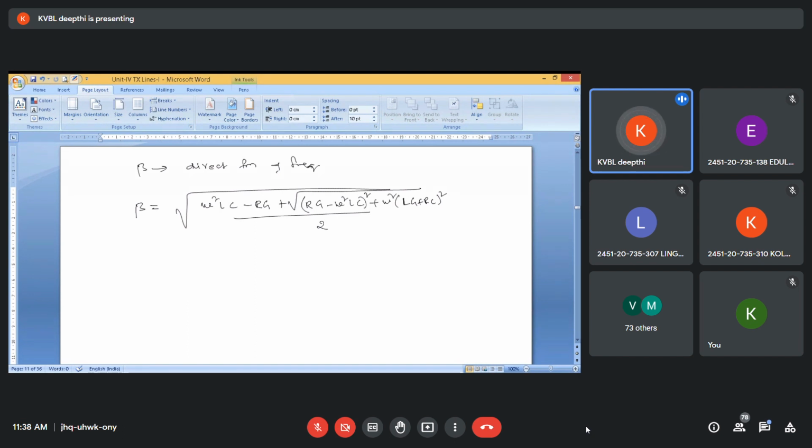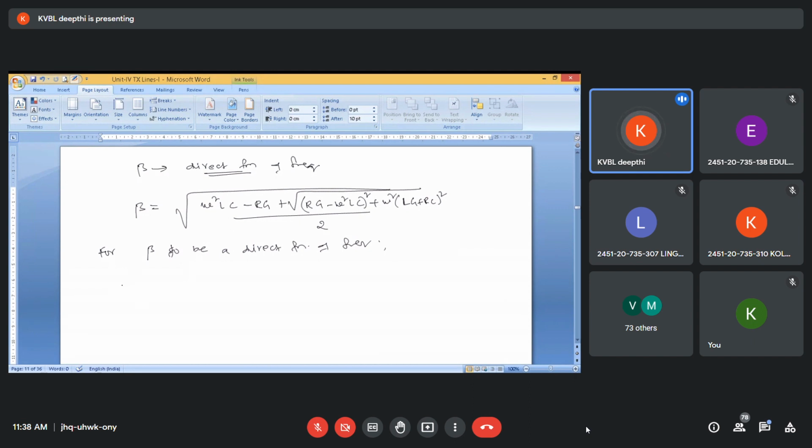So what is the equation I have told? Beta should be a direct function of frequency. So what should we do? It should be proved here that it is a direct function of frequency. For beta to be a direct function of frequency, we will equate the terms here.